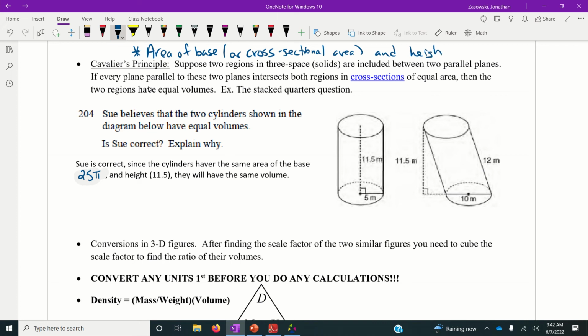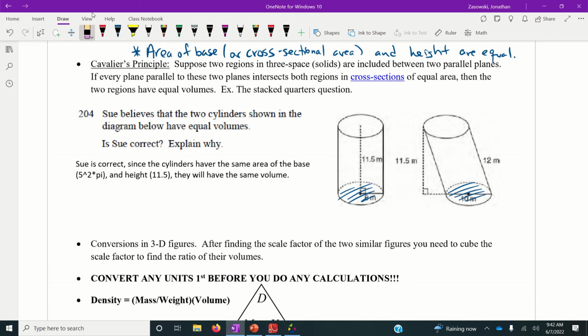You're looking for the phrase about these things being equal. All right, that's the main thing. So if you have two shapes, they're going to have the same volume, equal volumes, when the area of the bases is the same and the heights are the same, okay?